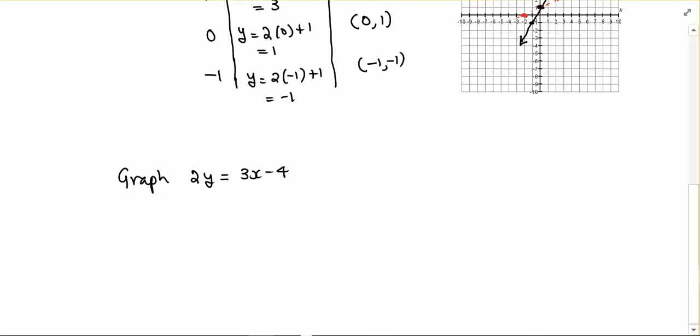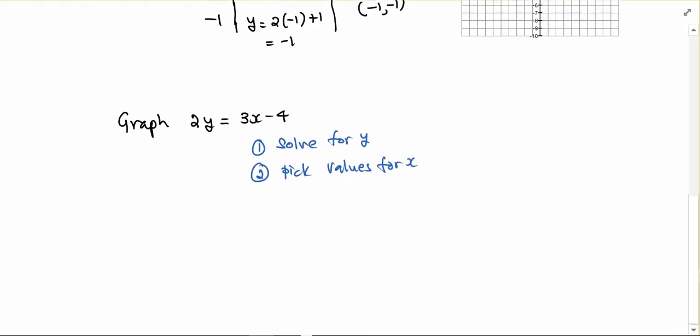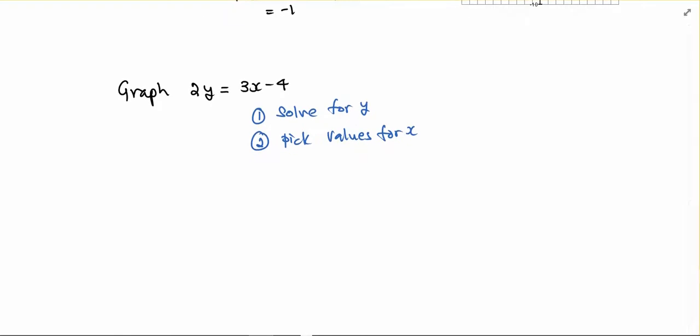Well, one of the first steps that you want to do really as we get through more complex problems is to solve for y as your first step, and then pick values for x, right? And you could have picked values for y as well, but this is just traditionally how we've done this. So let's go ahead and do step 1, solve for y.